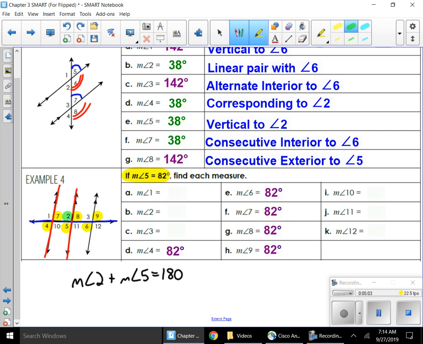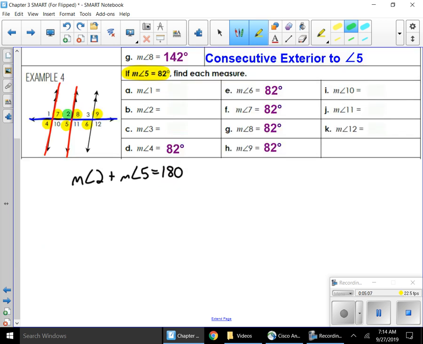And since I know that angle 5 is 82, that was my given, all I need to do is subtract 82 from 180. That'll get me the measure for angle 2. And that measure happens to be 98 degrees.